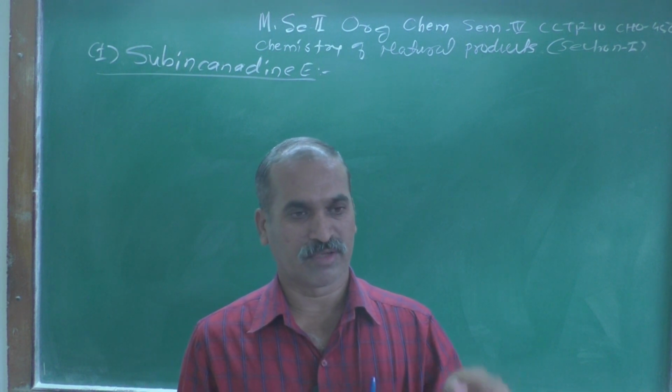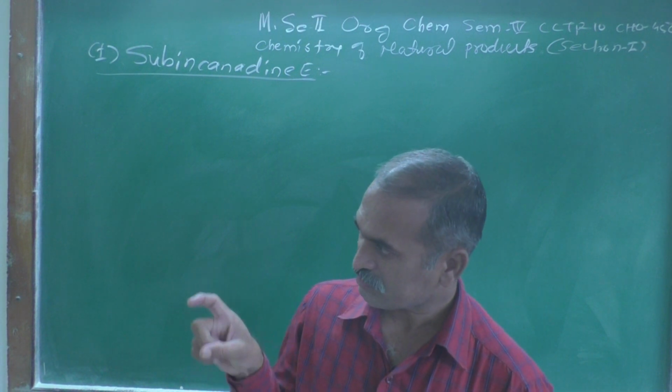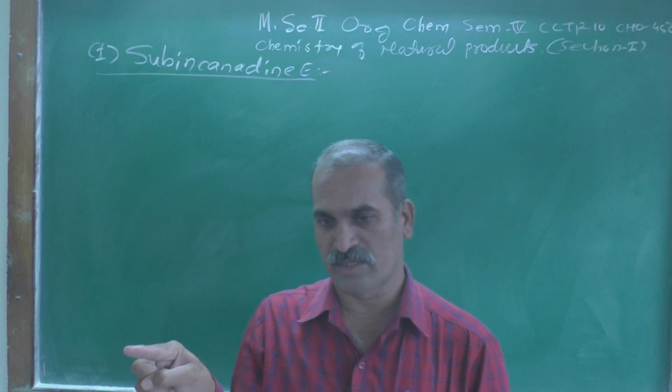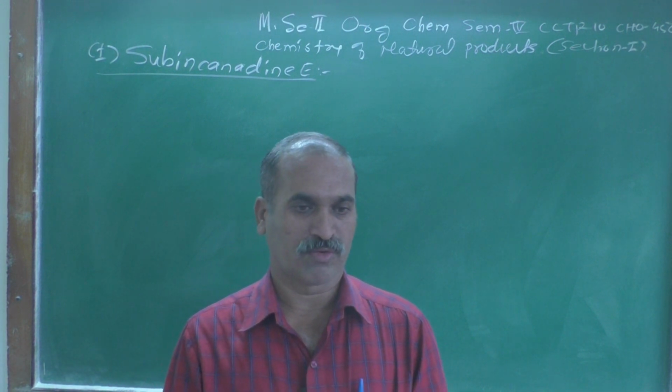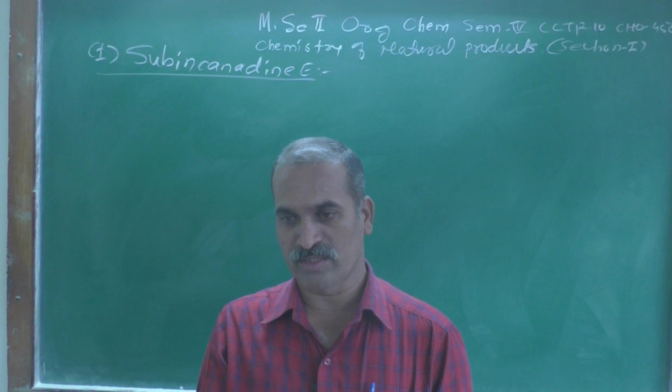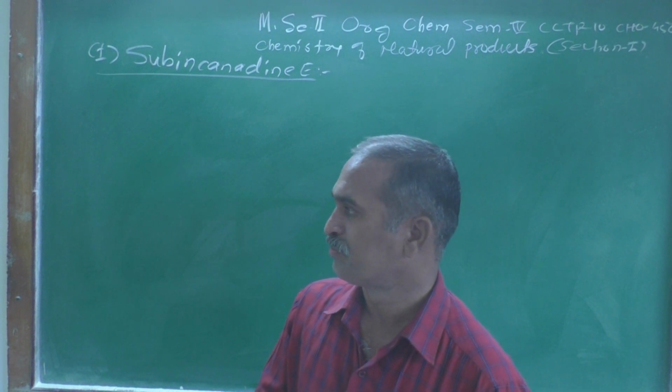and then travel from 1, 2, 3, and see whether that motion is clockwise or anti-clockwise. If it is clockwise, then see where the 4th priority group is.